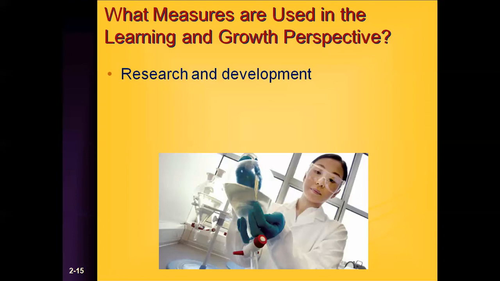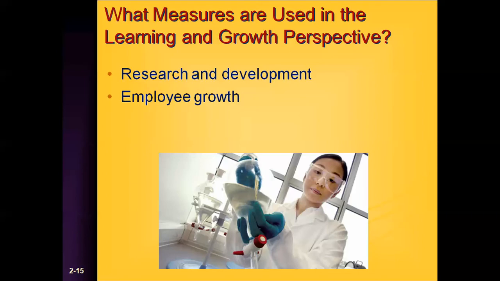What percent of sales dollars are actually being spent on new product development? In a high technology company, if this percentage is not at least 15% of sales, that's a problem, because the technology cycles of new products are so short that if a company isn't constantly investing in research and development for new products, they're going to be out of the game pretty quick.